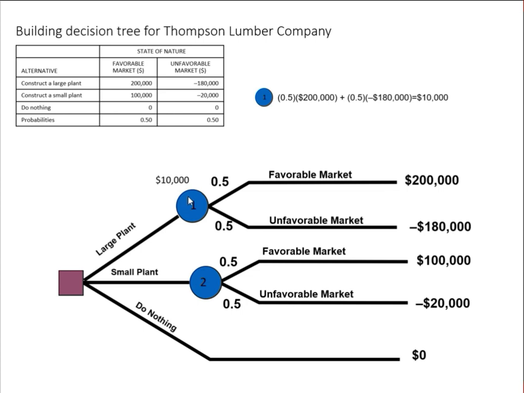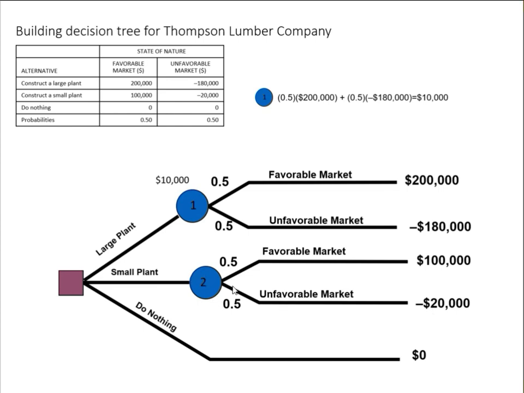Next, I can analyze the next node over here. Similarly, the probability going forward is a 50% chance being in a favorable market, earning this payoff, or another 50% chance in an unfavorable market, earning this payoff.